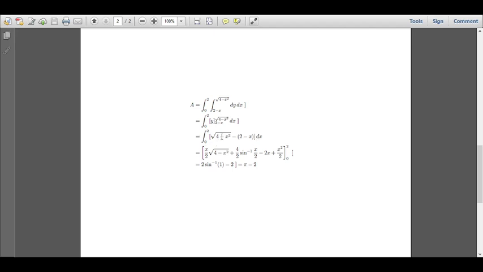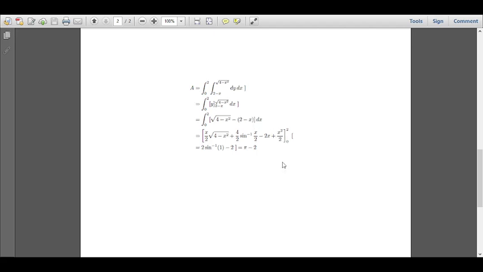The integral formula is x by 2 square root of a square minus x square plus a square by 2 sine inverse of x by a, here a is 2. So minus, you multiply minus with this expression 2 minus x, minus 2 plus x. Integral of minus 2 dx is minus 2x plus integral of x dx is x square by 2.